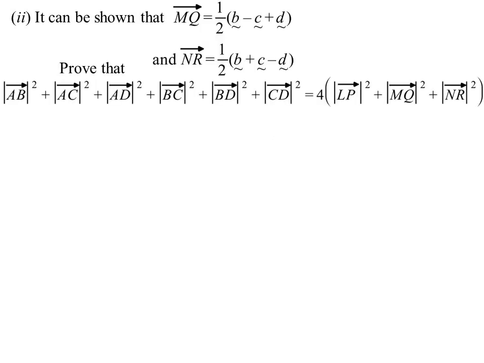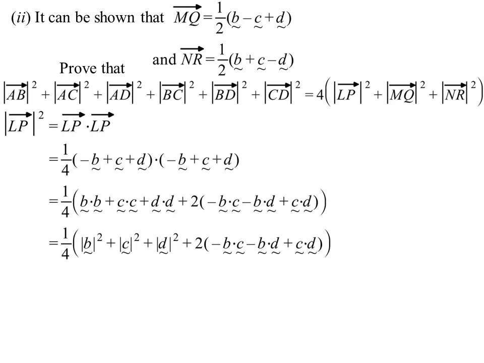Okay. Whoa, look at this one. We didn't have to go and work it out. So they told us the next two. Well, MQ we could have done a similar way, and it would be that expression, and they've also given us NR as well. But they want us to prove this huge result. I got myself an expression for LP squared, because I'm going to need it, the magnitude of LP squared.